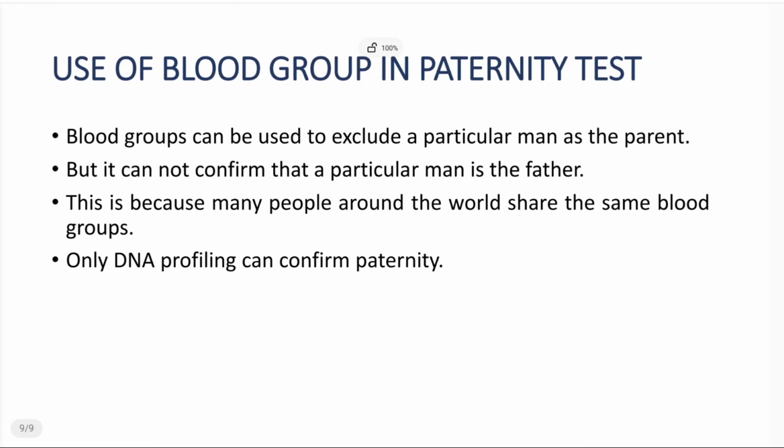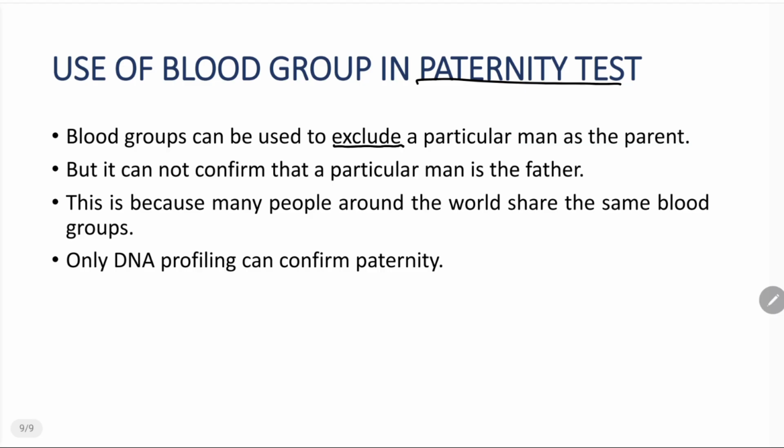Let us continue. Now let's briefly look at the use of blood group in paternity testing. This is where we want to determine if a particular man is the father to a particular child, right? But when we use blood group in paternity testing, it is important to note that we can only use blood groups to exclude a particular man as the parent.